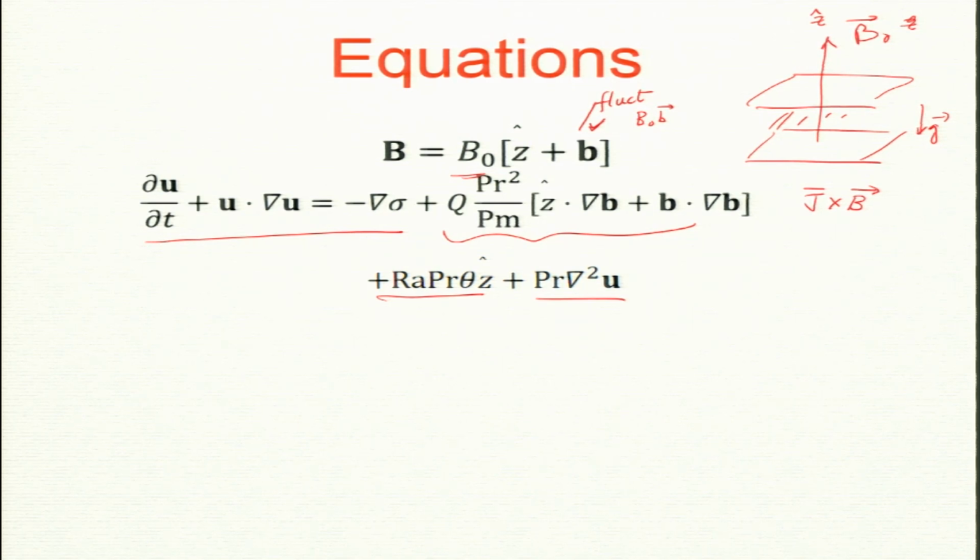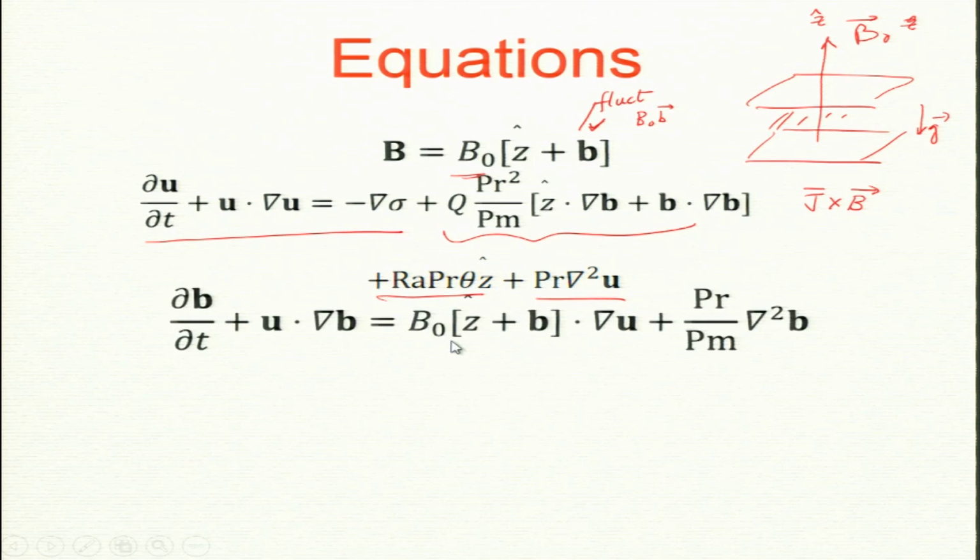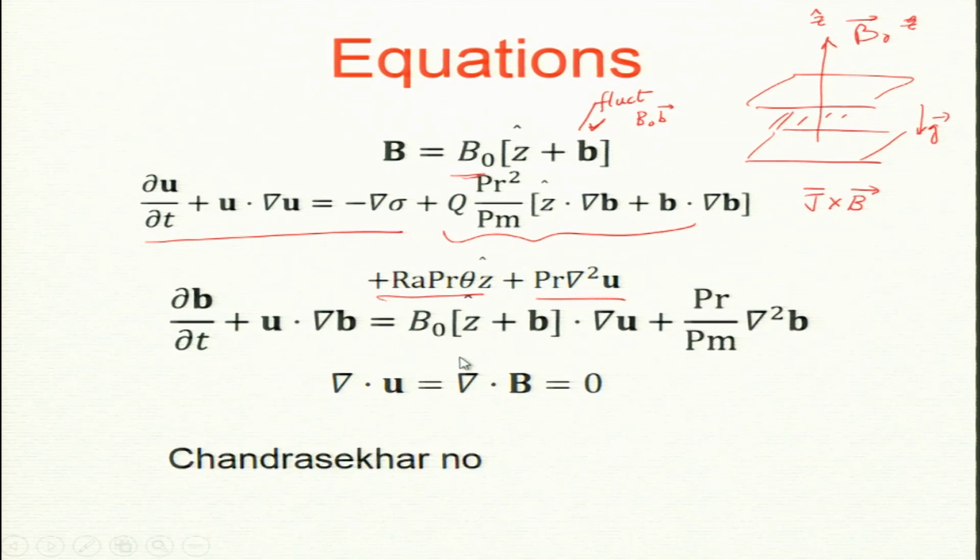Of course, how many independent fields have we got? We have the velocity field, the magnetic field, and temperature. The temperature equation is the same as before; it does not get affected by the magnetic field.